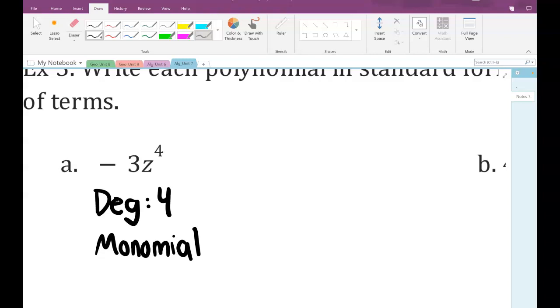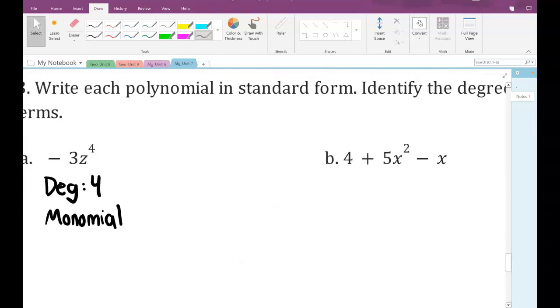But example B, we do have to put into standard form. Because we have 4 plus 5x squared minus x. My largest power goes first, so 5x squared. This is x to the first, so that has to go next: minus x. And then my constant term will always be the caboose of the polynomial.